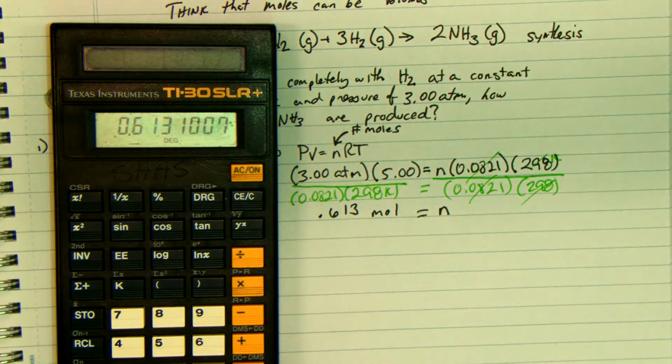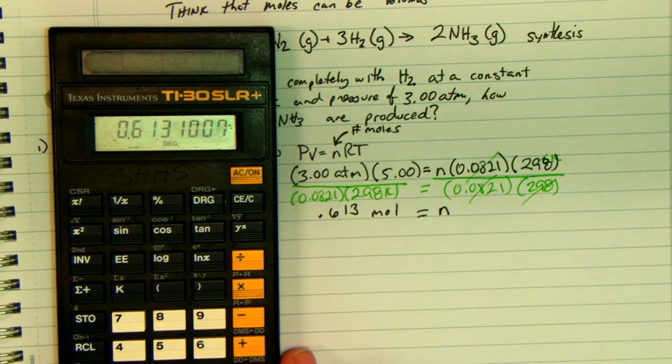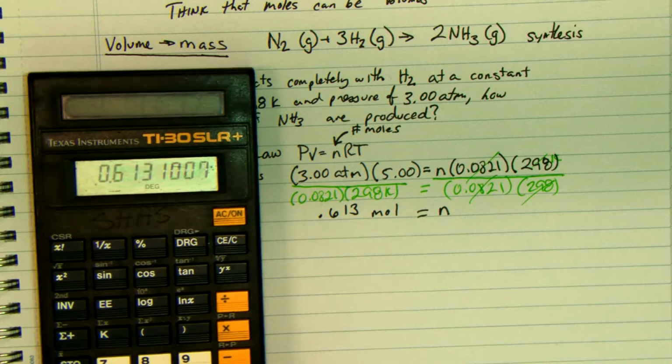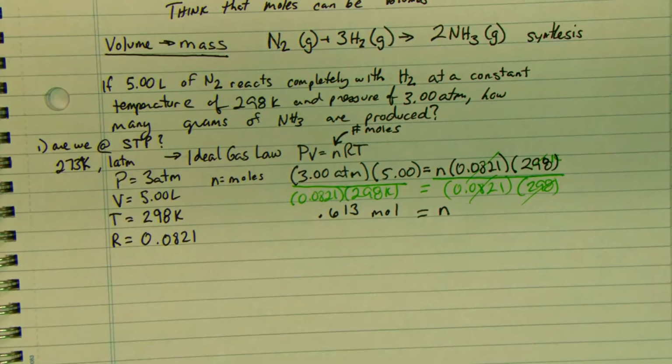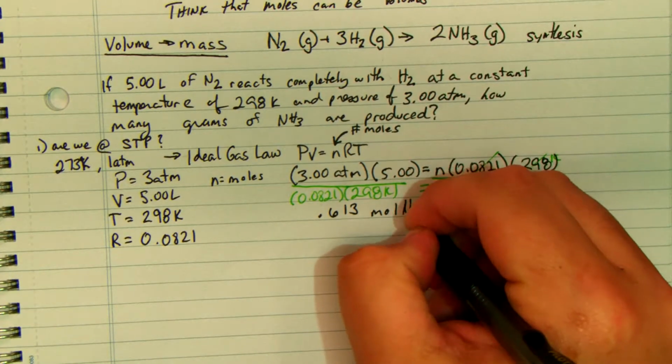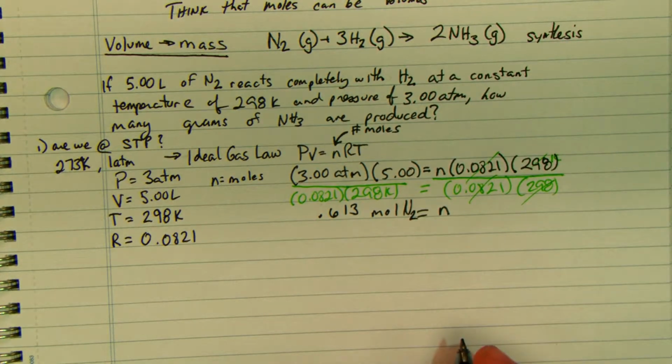If we can keep it at 0.613, that 1 in the 10 thousandths isn't going to be a big difference to anything that we're doing. So that's pretty good for what we're doing. So now we know the number of moles of nitrogen. So this is the moles of N2.